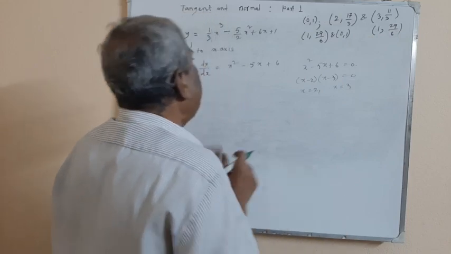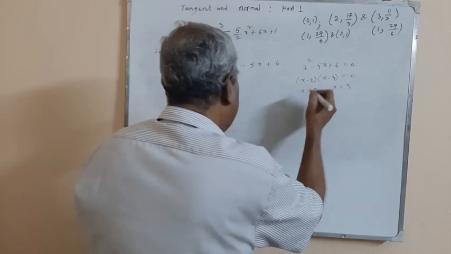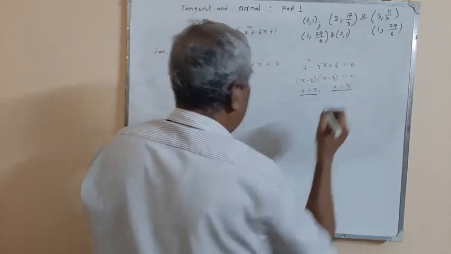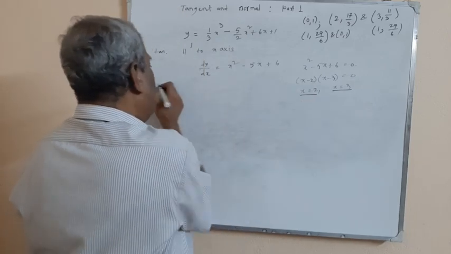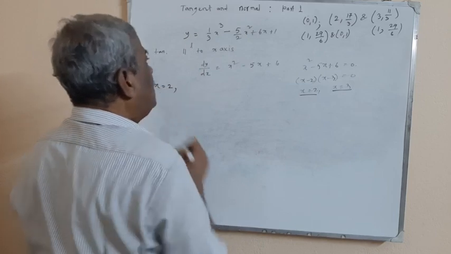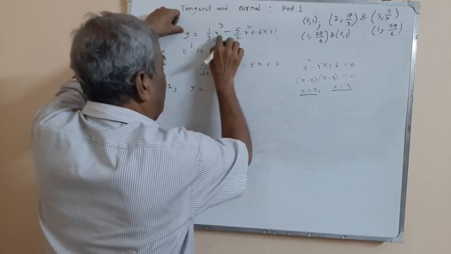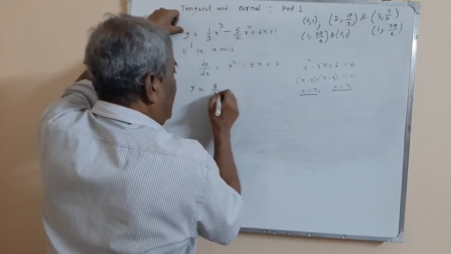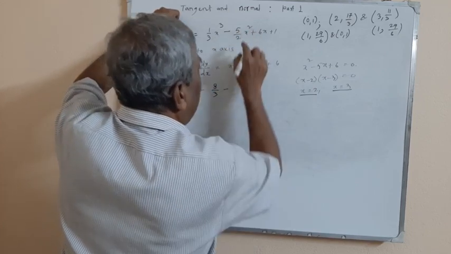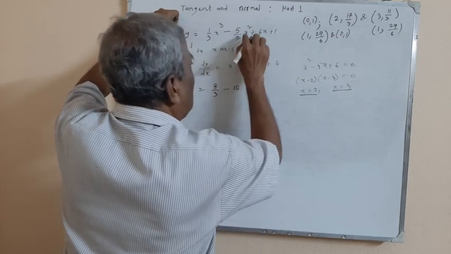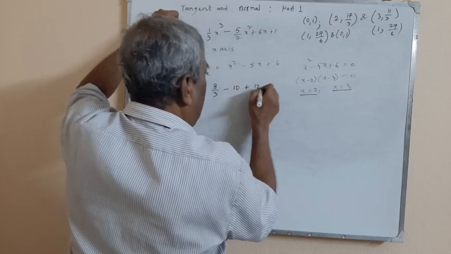So anyway, we get the normal of this curve parallel to the y-axis at the points x is equal to either 2 or x is equal to 3. When x is equal to 2, the y coordinate can be obtained from there. y is equal to 8/3 minus 5/2 into 4, that is 10, plus 12 plus 1.